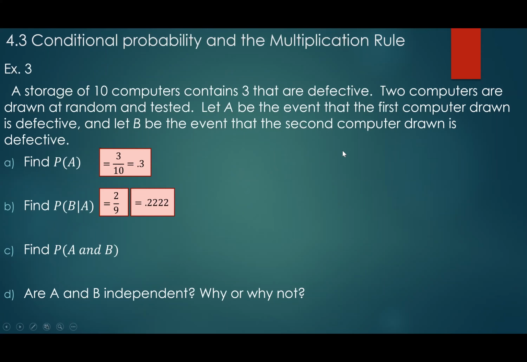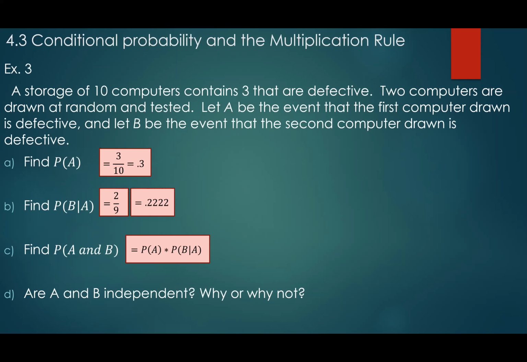If they tell you that you go in and select 1 computer, then it's basically what is the intersection, what item fits the description. In this case, go back to our formula. Our formula tells us that to find the probability of A and B, all we need to do is find the probability of A, multiplied by the probability of B, given that A is already taken out.